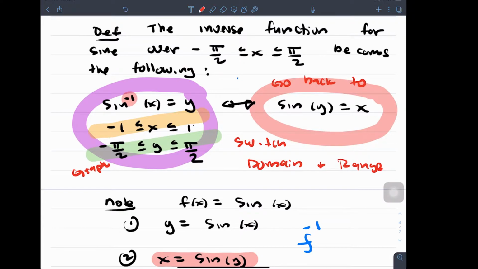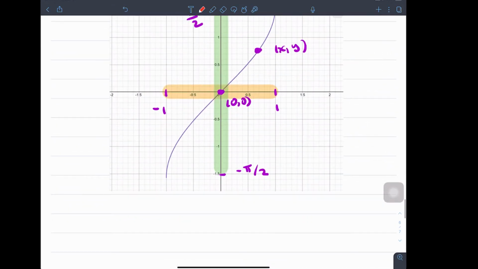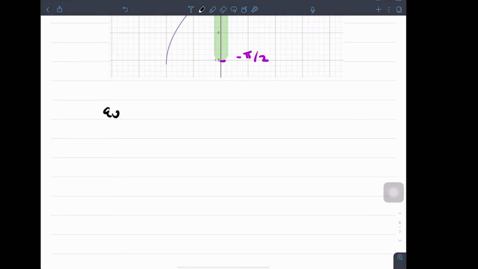So this is all opening up the door for a few things. Here's what they're going to say. Evaluate the following. Question 1.